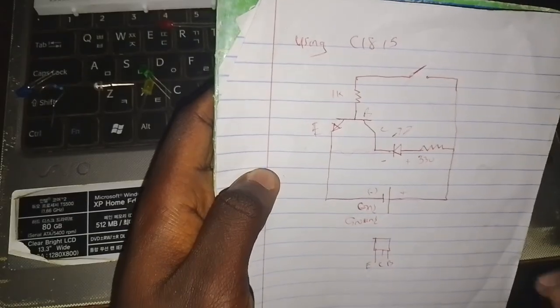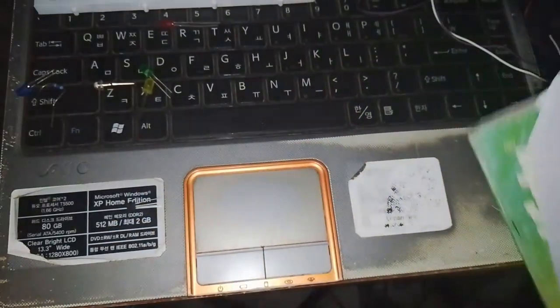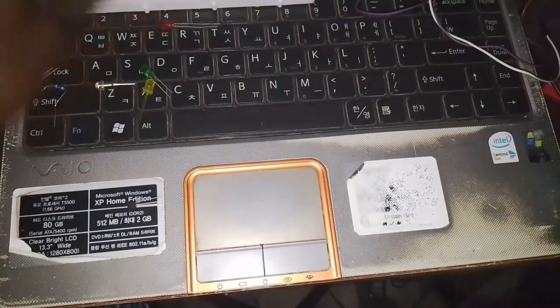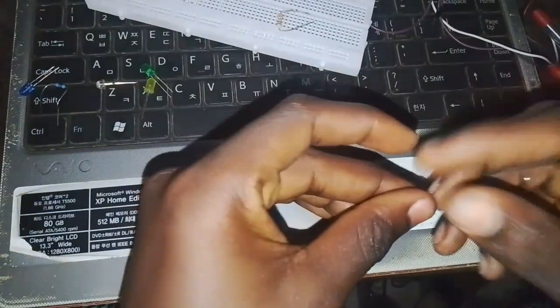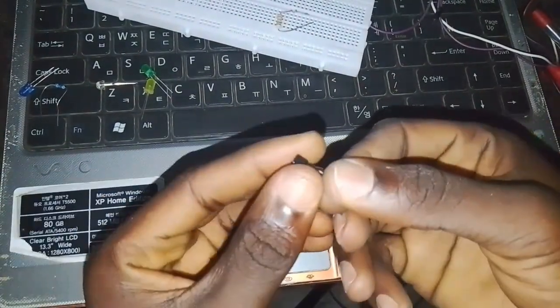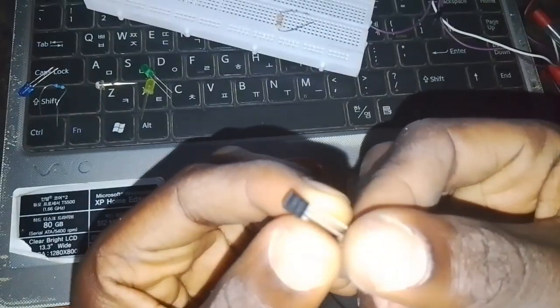So that is what we're going to be doing today, and I have the materials already. This is my C1815 transistor. I'm going to be using this flat side.